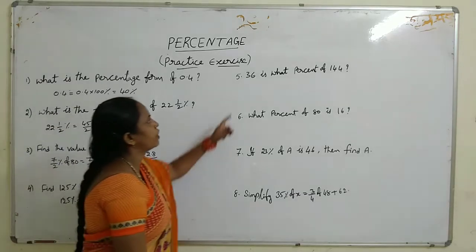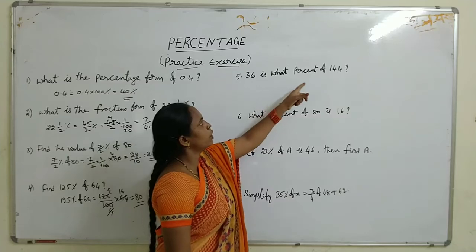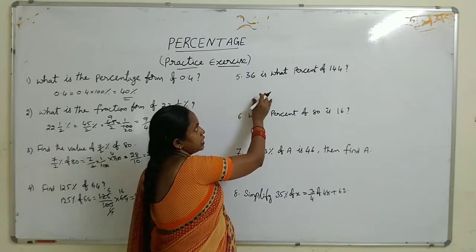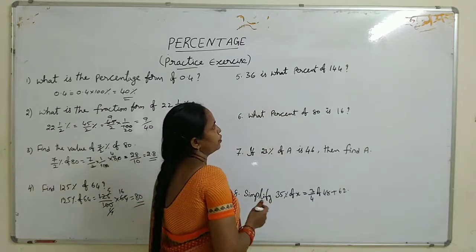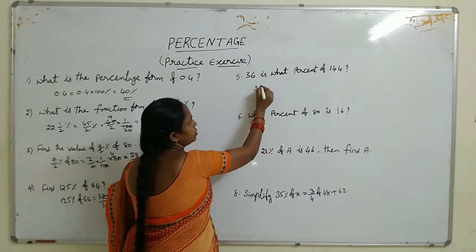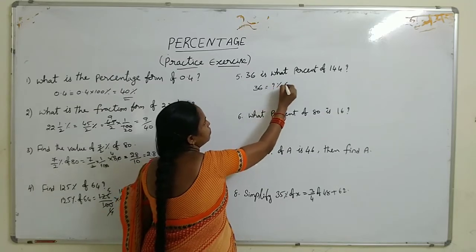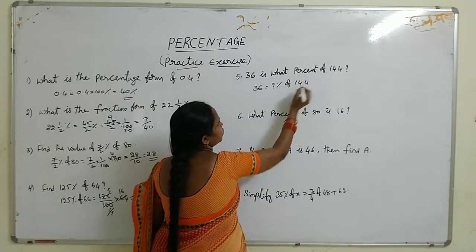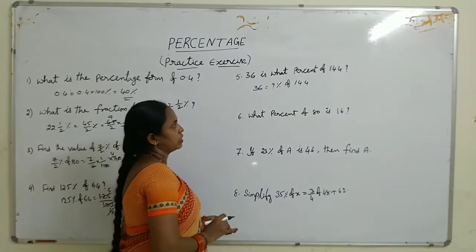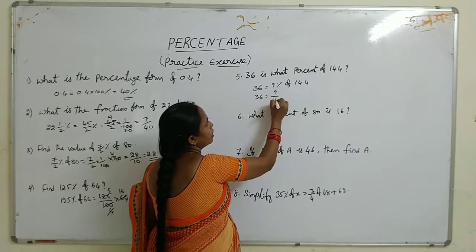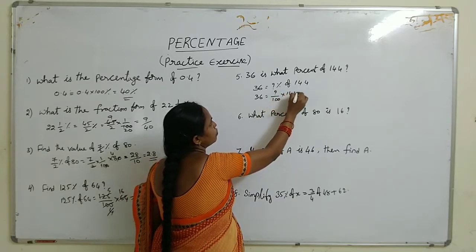Next, question number 5. 36 is what percent of 144? That means 36 equals question mark percent of 144. We have to find the value of the question mark. That is 36 equals question mark by 100 into 144.